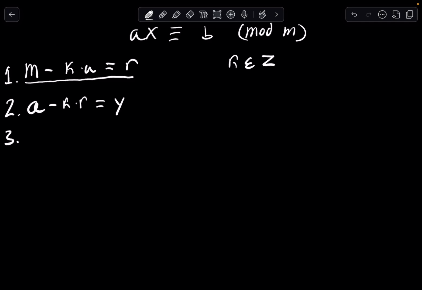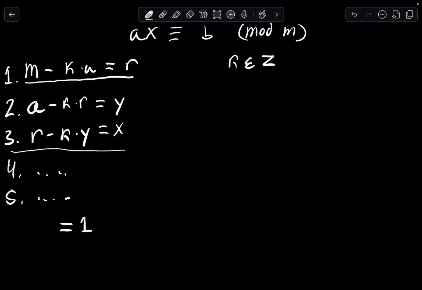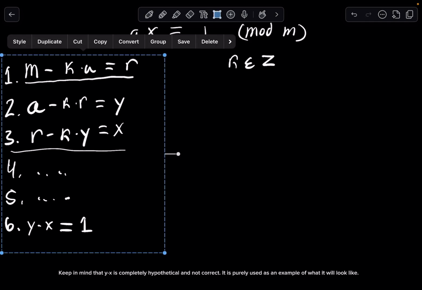So we'll do R minus K times Y equals, let's just say X here. And we're going to keep doing this process over and over again until eventually we get 1 equals, let's just say, Y minus X. And these variables are hypothetical after R. That'll be the first part.